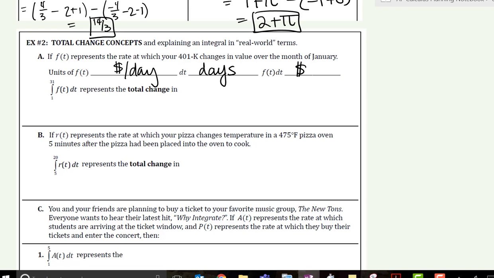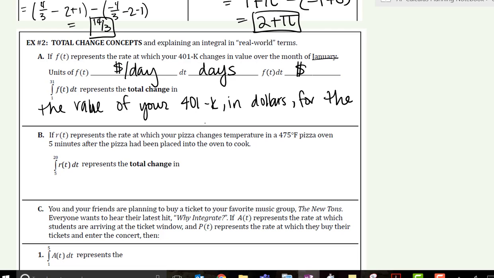So if I think about this, that integral from 1 to 31, so this is also talking about the month of January, that 1 to 31 f of t dt represents the value, let's not say total because it's just going to be for the month of January, and we would hope that you'd be doing it for longer, the value of your 401k in dollars for the month of January.